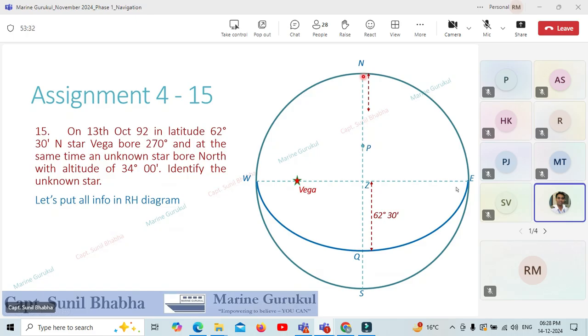Its altitude is given to us as 34 degrees. Now point N is on the horizon. Our star is 34 degrees above the horizon. So from point N going 34 degrees above the horizon, this is where the unknown star is. Let's mark the unknown star as X. So you can see now that all the information given to us in the question has been fed in the rational horizon diagram.